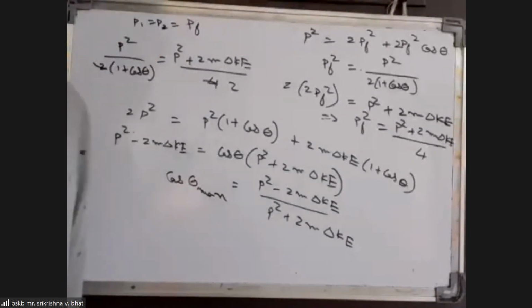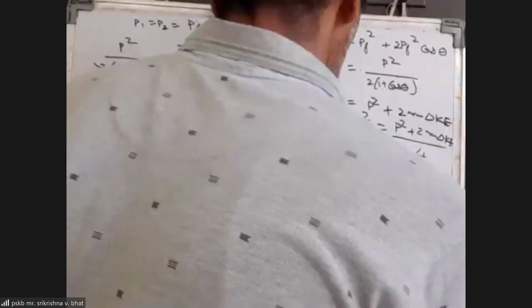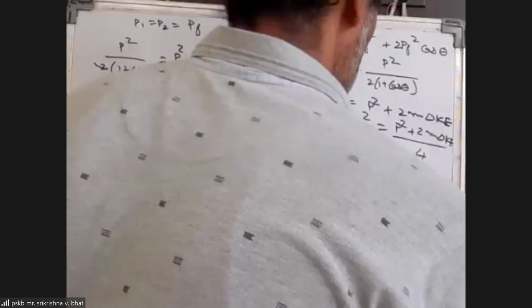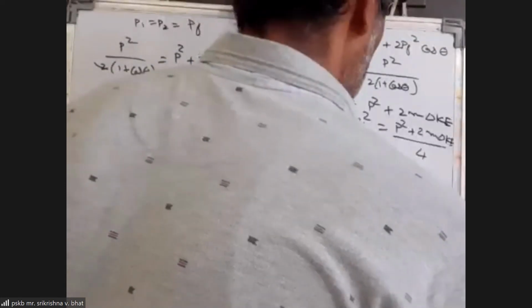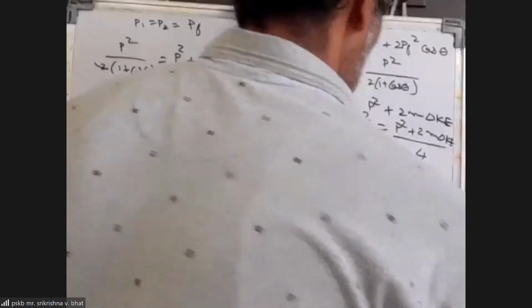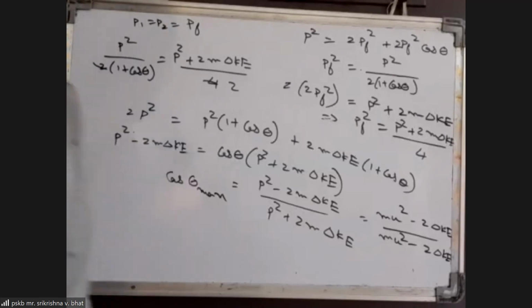Now we know what p is. P is the momentum of the original shell, which is equal to m u. If you take p as m u, I think it should come out to be m u square minus 2 delta k by m u square plus 2 delta k, with one m term cancelled.